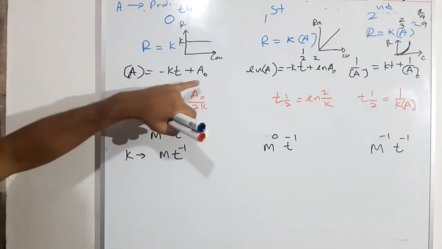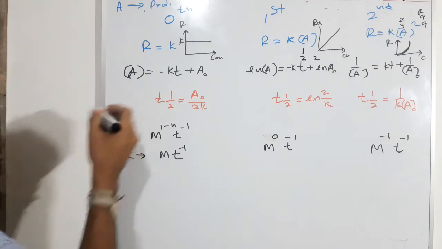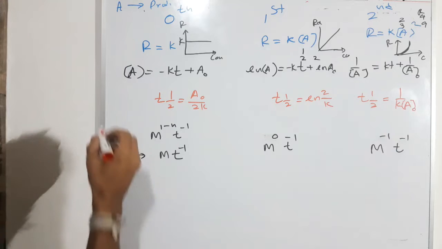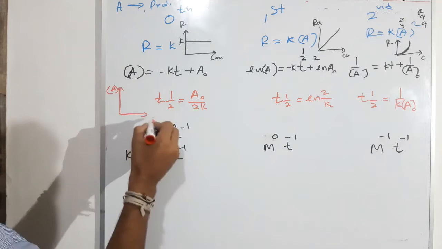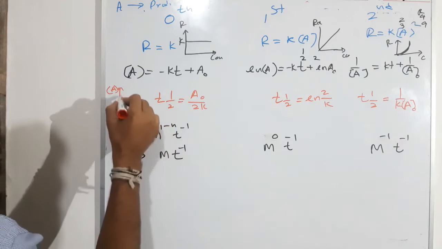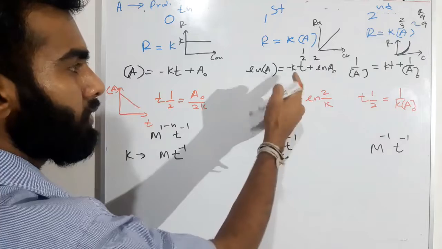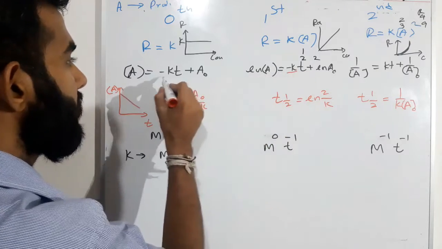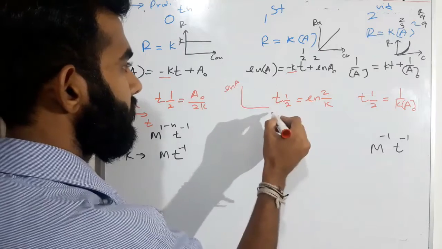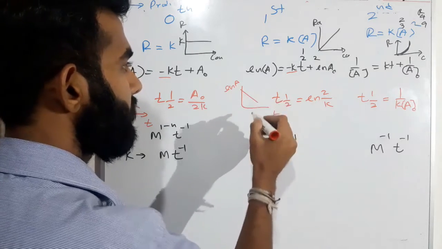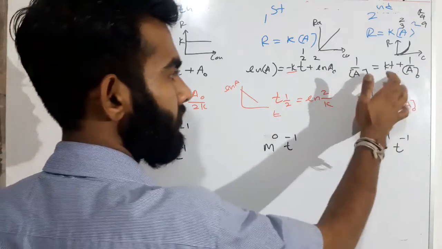What about the equation graph for this? This integral form graph, it was [A] here, t, it was like this, negative gradient. In here also it has a negative gradient, it was minus k. Here ln[A], here t, it also has minus k gradient. What about here?